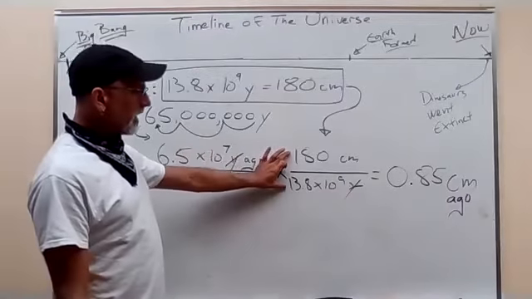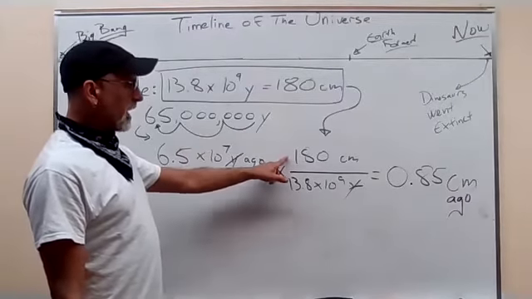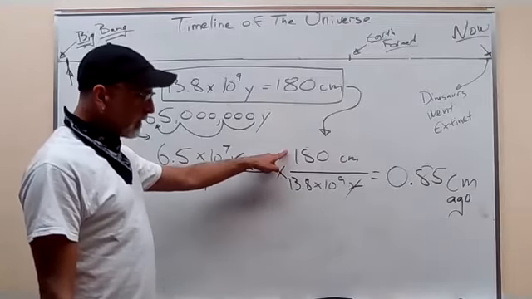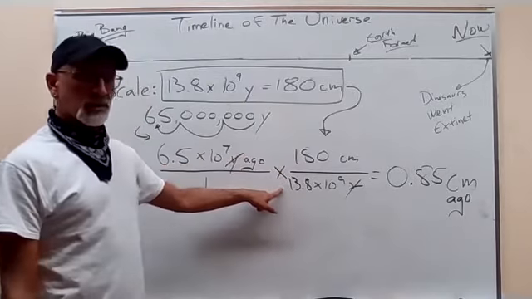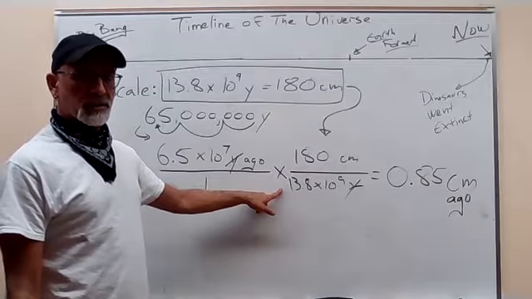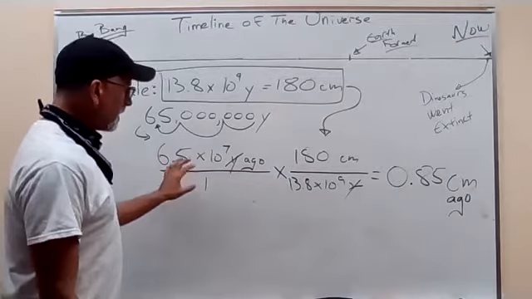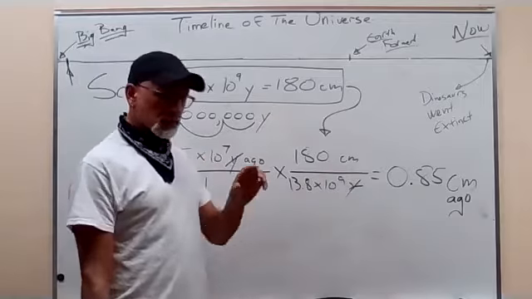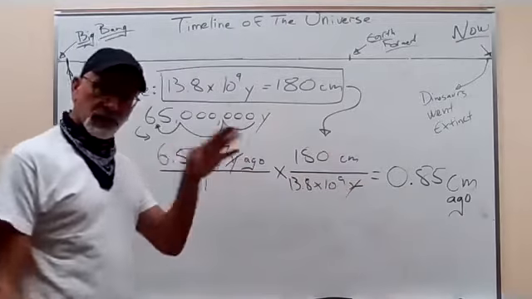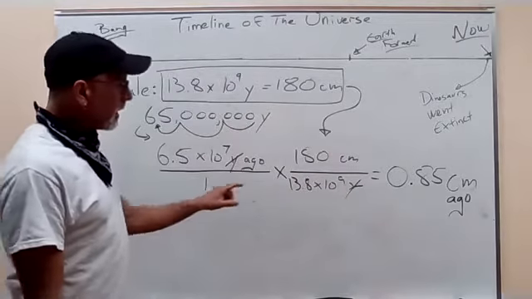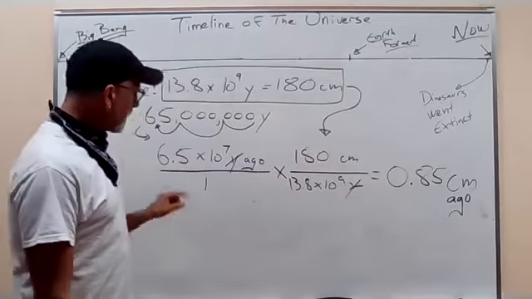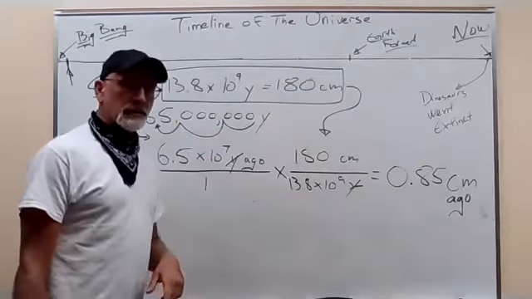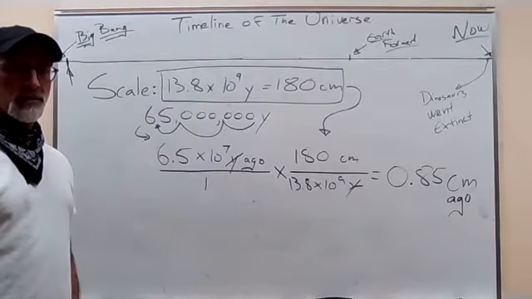I use my scale to convert. My timeline is 180 centimeters long. That 180 centimeters represents the age of the universe, which is 13.8 times 10 to the 9th years. I have my problem set up right now. My years cancel out, years over years, cancellation of units, they go away, and I get an answer that's in centimeters. So I take this number here, multiply it by that number there, and then I divide. And that's how I convert.